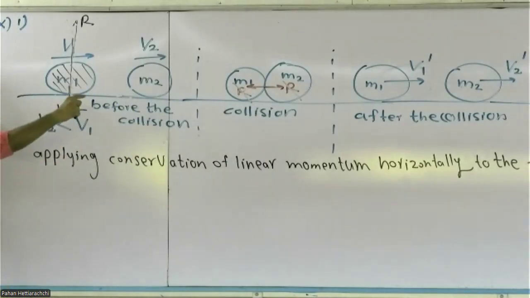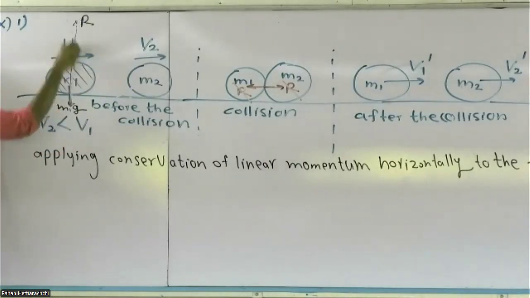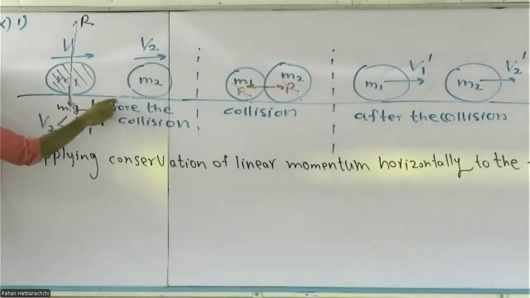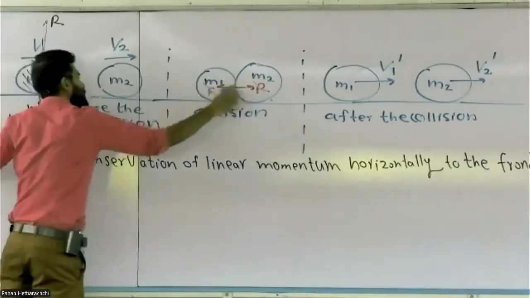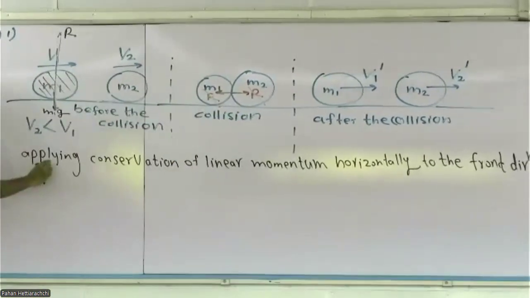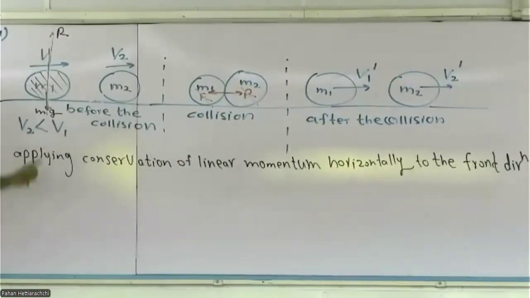As I'm applying the conservation of linear momentum horizontally, I don't need to worry about the vertical forces. Why? Because I'm using the horizontal, the vertical forces will not affect. And I'm on a smooth surface, so the friction will not affect. And I'm considering the system of masses, so the R's will cancel out. Okay, so this is my conservation of linear momentum.